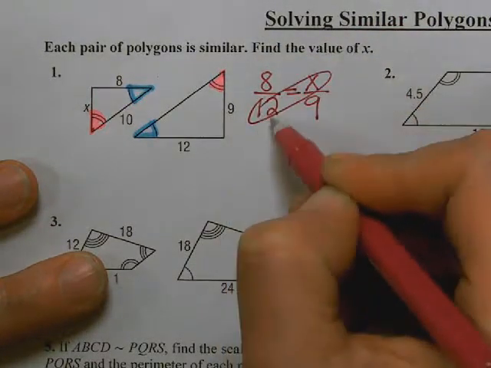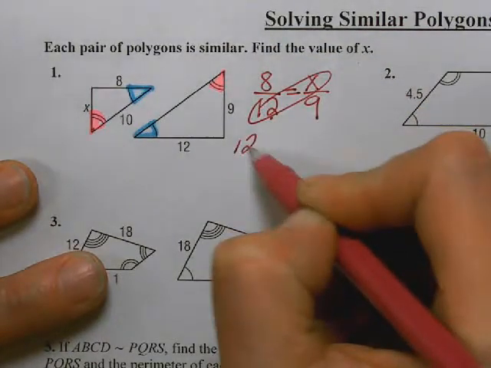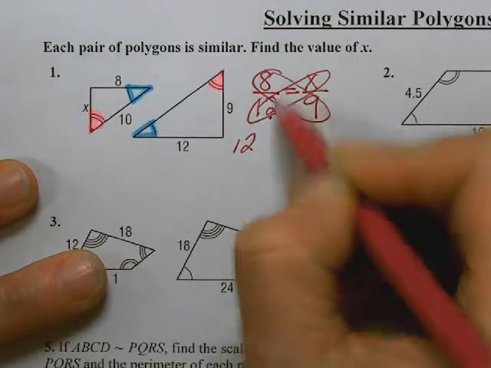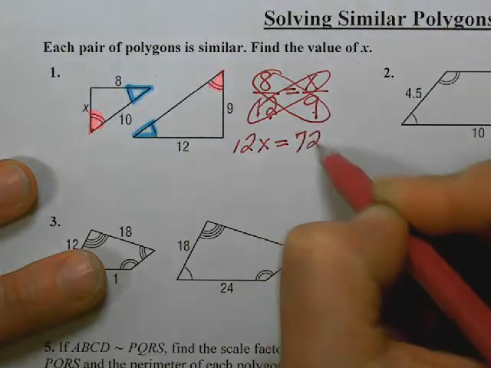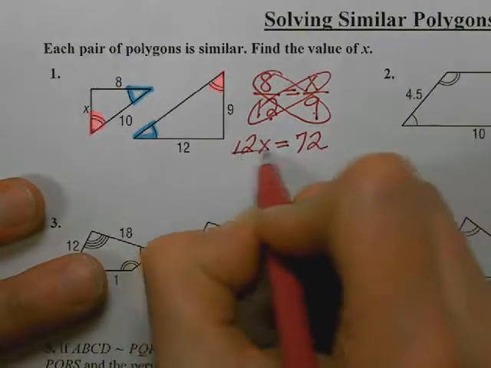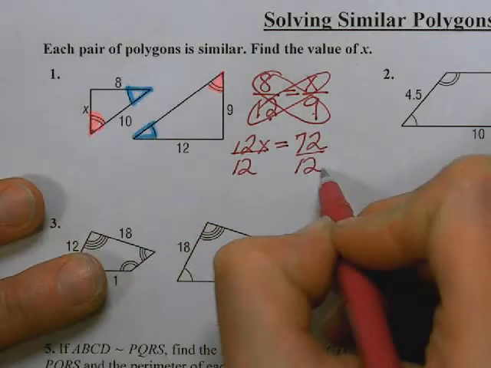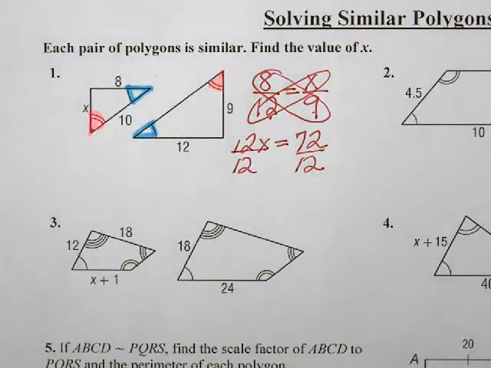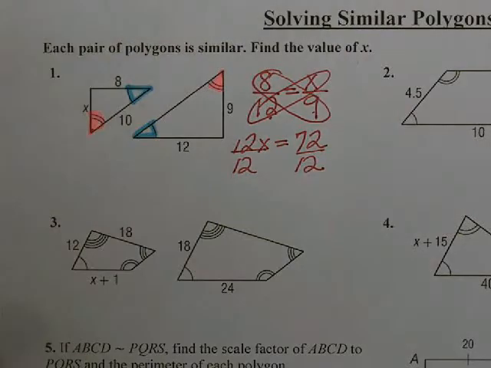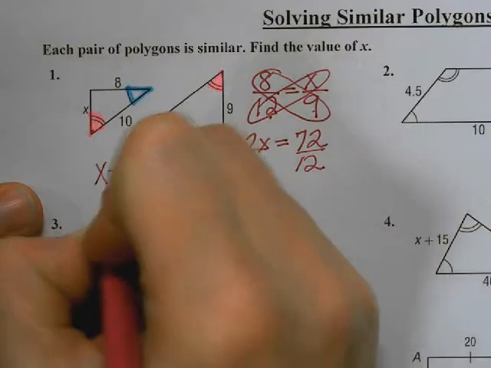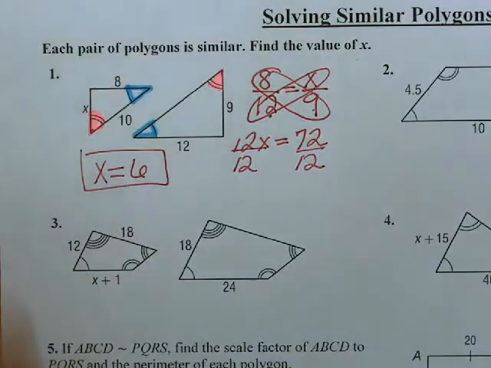Remember, you're going to cross multiply, so 12 times x, and then cross multiply, and say 12x equals 9 times 8, which is 72. Then you'll divide by 12, and get 6 when you divide by 12. So on this problem, x equals 6.